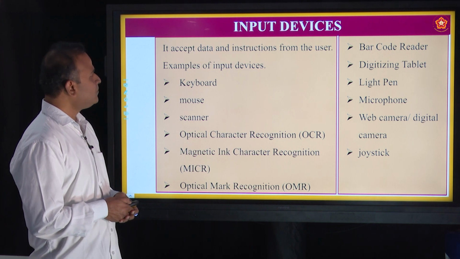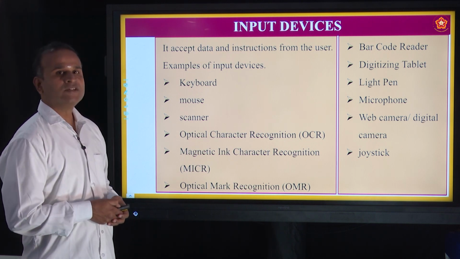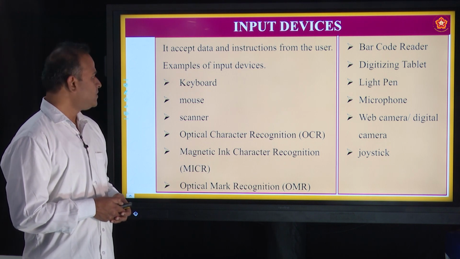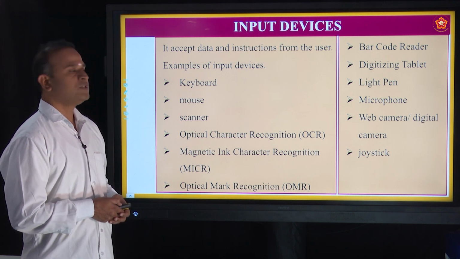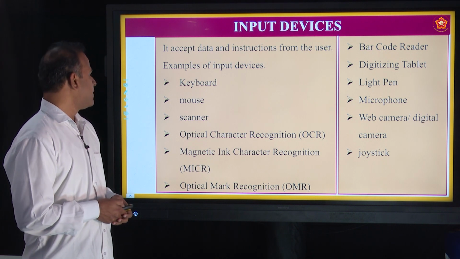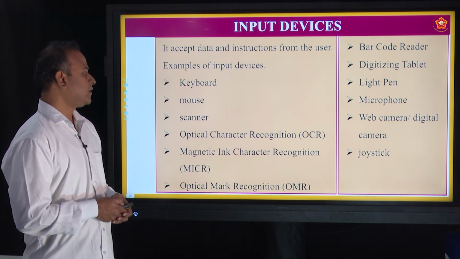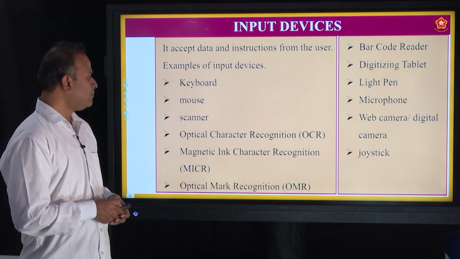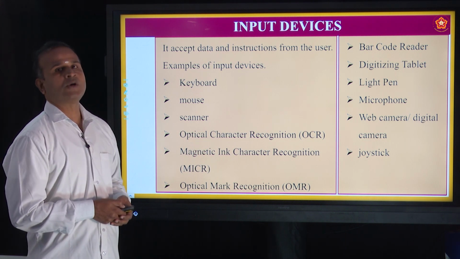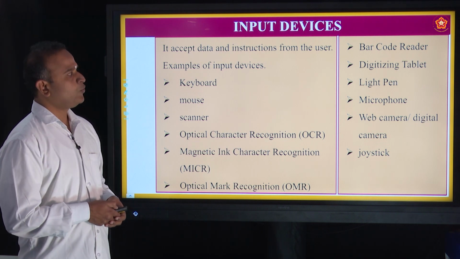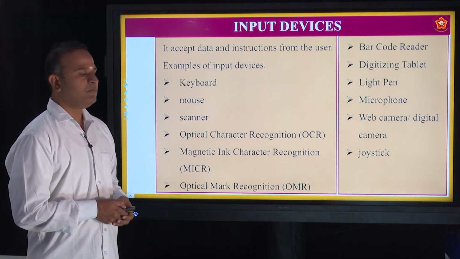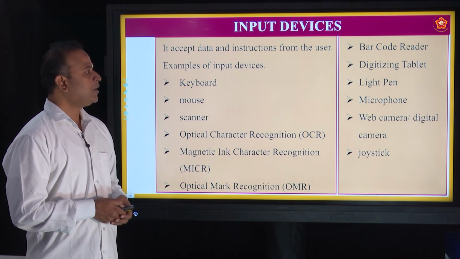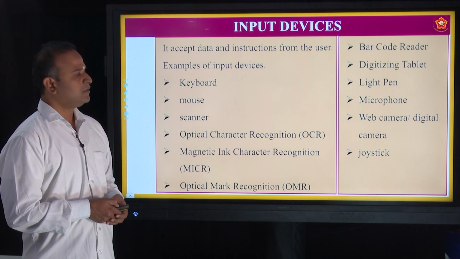So, we have examples of input devices such as keyboard, mouse, scanner, optical character recognition which is called OCR, magnetic ink character recognition which is called MICR, optical mark recognition which is called OMR, barcode reader, digitizing tablets, light pen, microphone, web camera and digital camera and joystick.